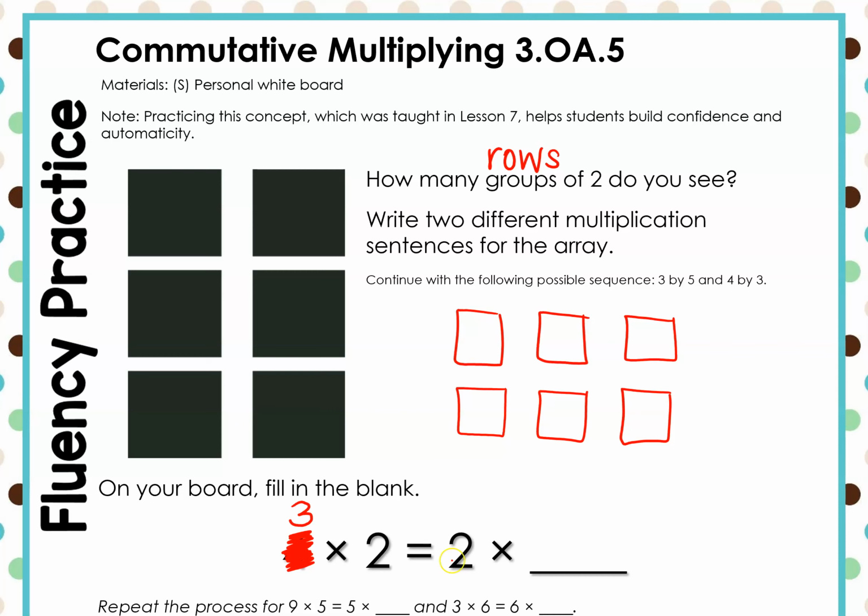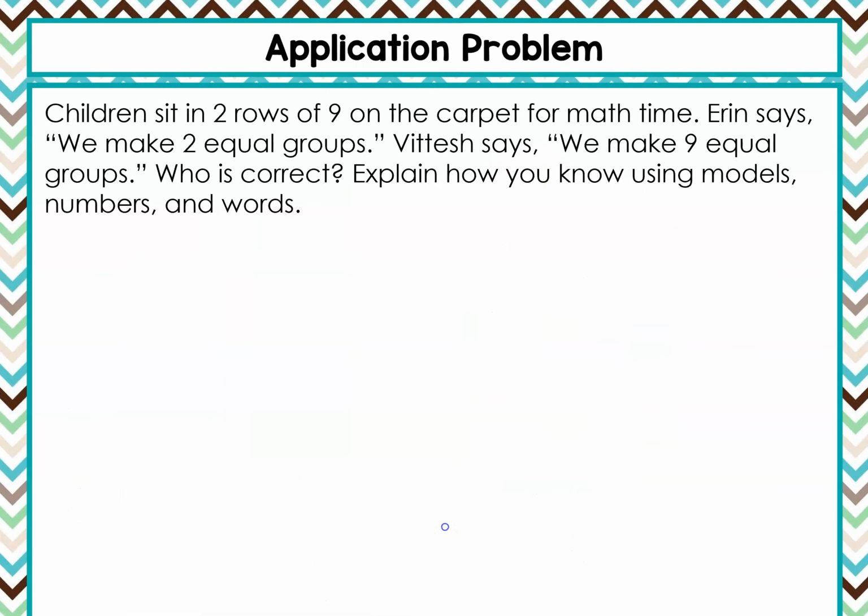As a multiplication problem, that would be written 2 times 3. Yesterday we talked about the commutative property, and that is this right here. That is saying that 3 times 2 is equal to, or the same as, 2 times 3. They mean the same thing, even though the pictures look different and the numbers are in a different order.